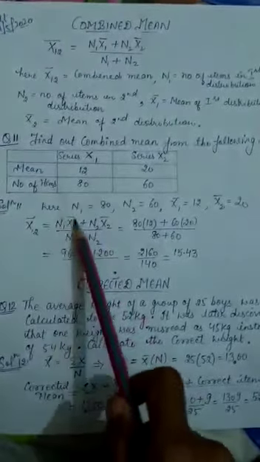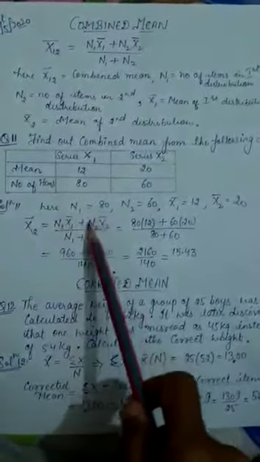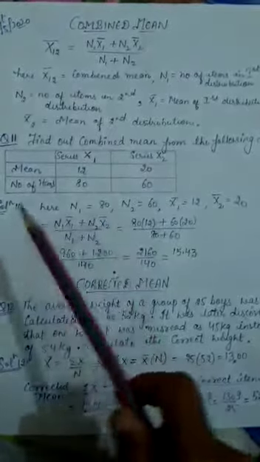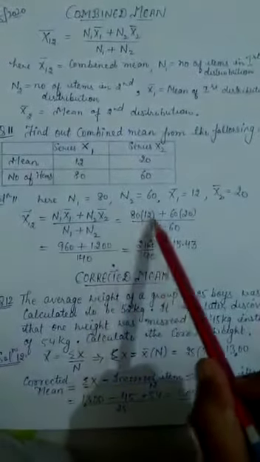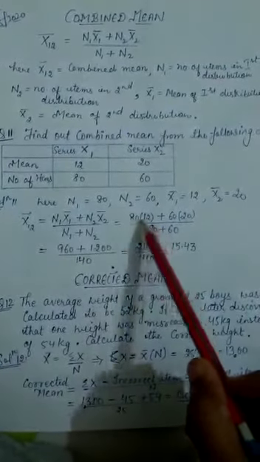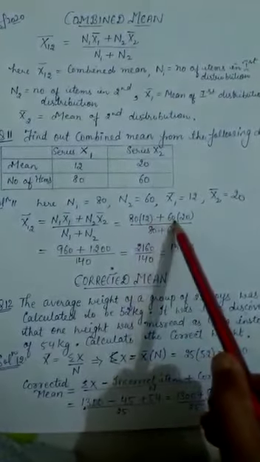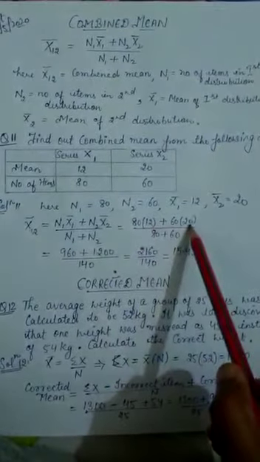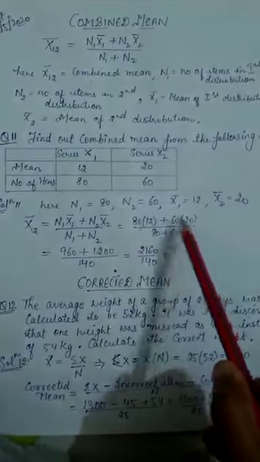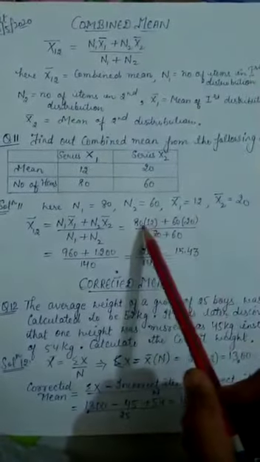This means they will be multiplied. Here also they will be multiplied. So 80 into 12 plus 60 into 20. As you know, according to BODMAS, first of all we have to multiply these.